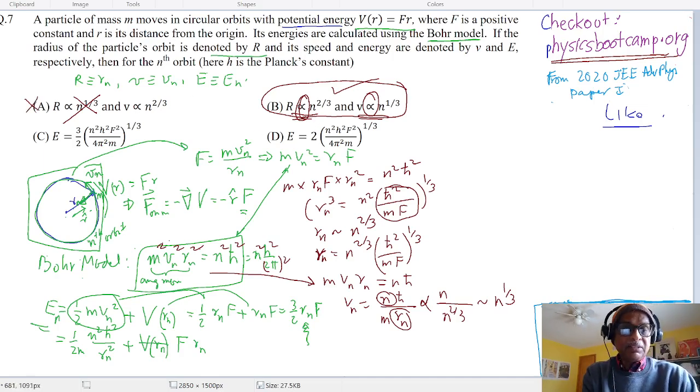Now to look at the energy, we already know what the energy looks like. F is constant, and Rn is already figured out.